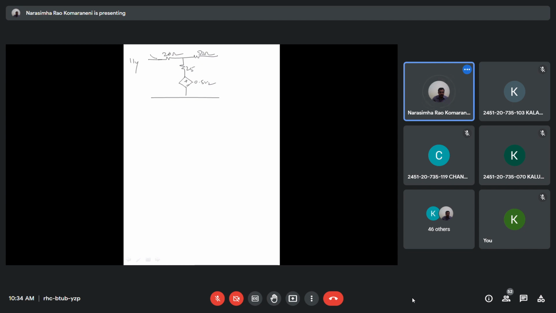Now, when port 1 is open circuited, when I1 is 0, this is the equivalent circuit. So this is V1, this is plus, and this is V2, right? So when I1 is 0, this term becomes 0. Drop across this one is 0. Now if you apply KVL at output side.